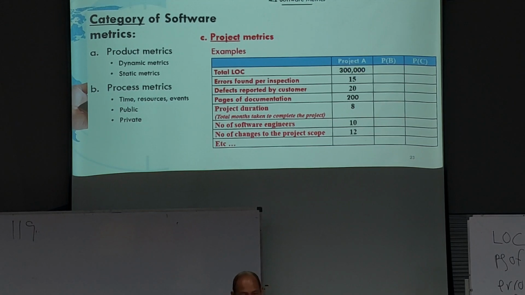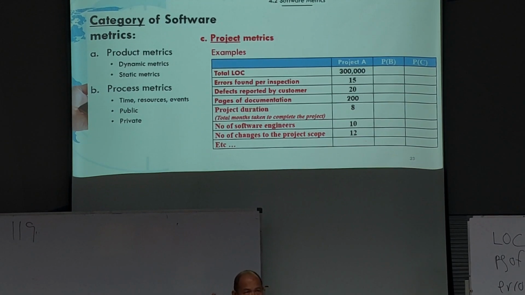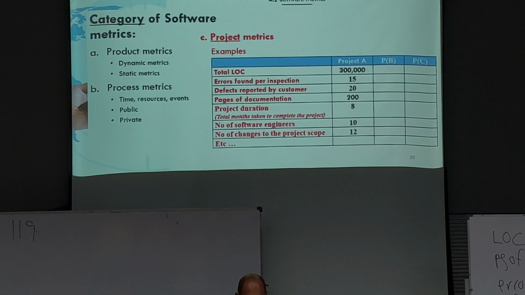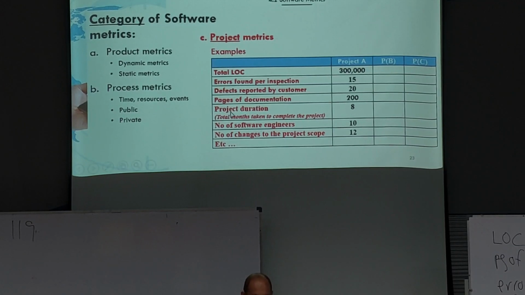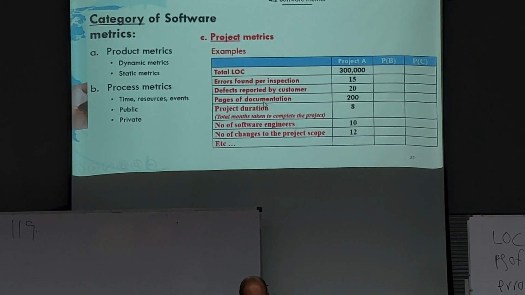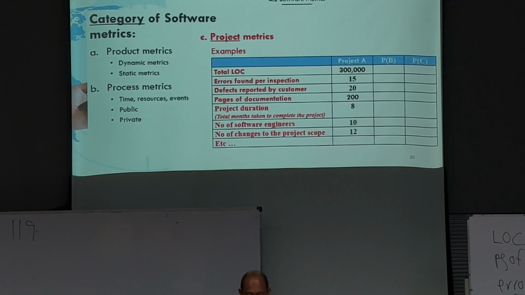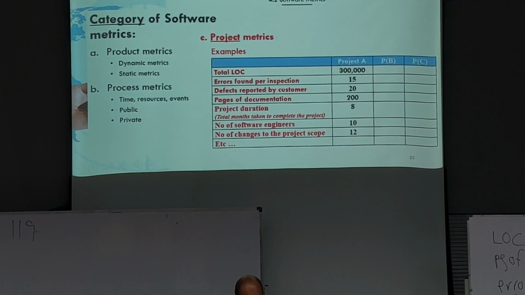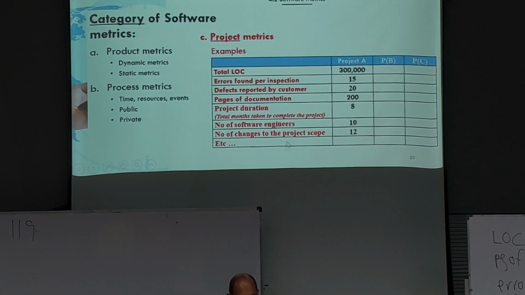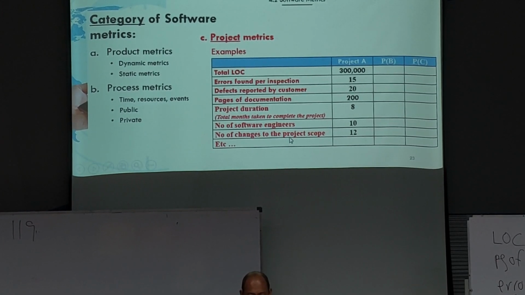This can be after 1 week or after 1 month. What's the total pages of documentation? Project duration: how many months did this project consume to complete? The number of software engineers required to work in the project. The number of changes to the project scope received.